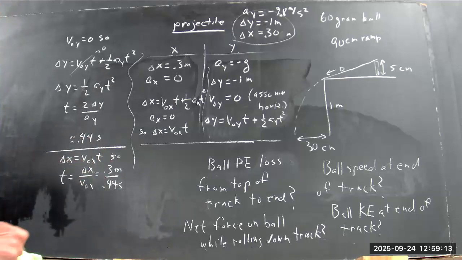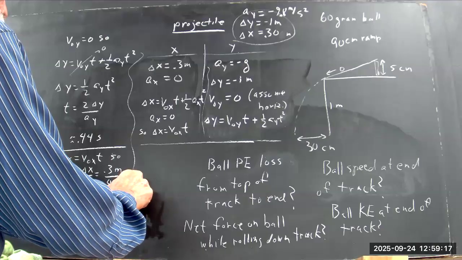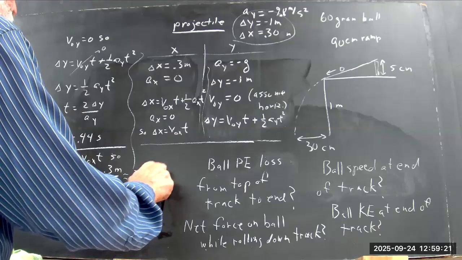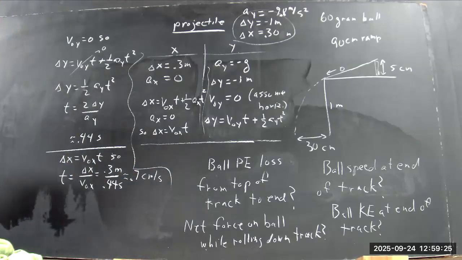0.3 meters over 0.44 seconds. I'm just going to do a ballpark approximation. You can use Excel and get it accurately enough. Excel might give you 10 significant figures, but 10 significant figures is ridiculous for the quality of data that you have. You have plus or minus a centimeter here and there.